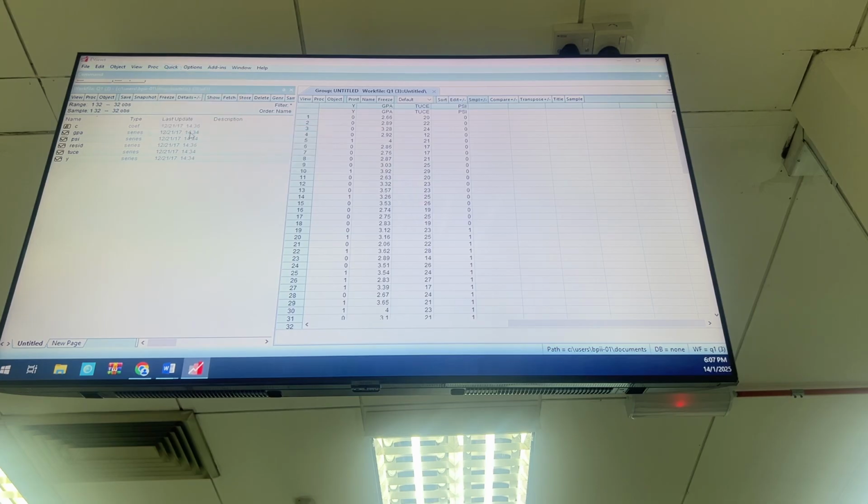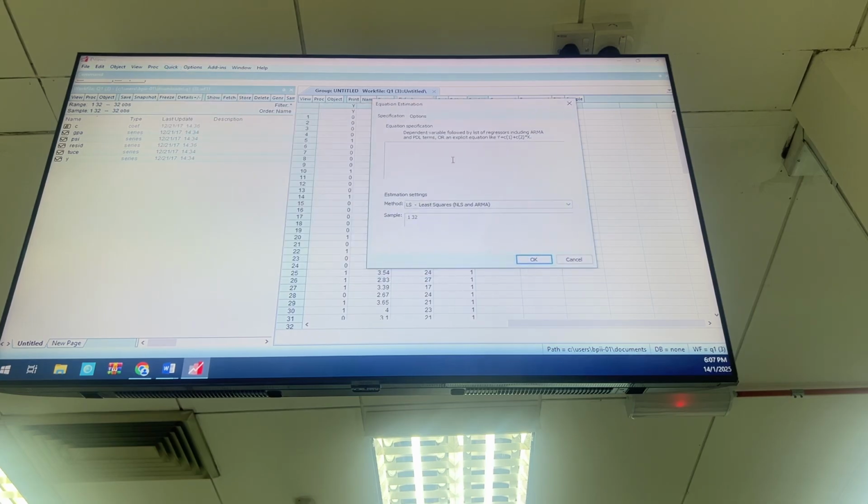So we estimate the equation. You put your dependent variable and then an intercept, and then to get the same output, in the same order as the one given in the solution: GPA, PSI, and TCE.